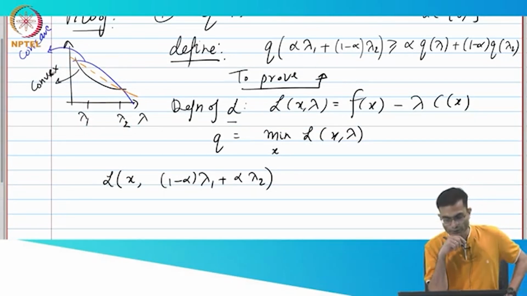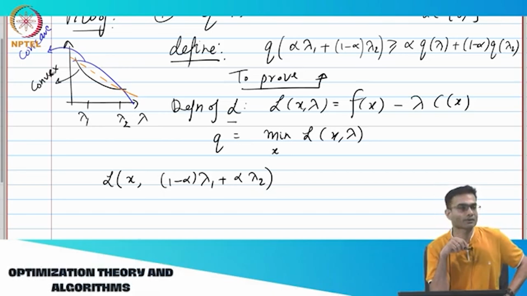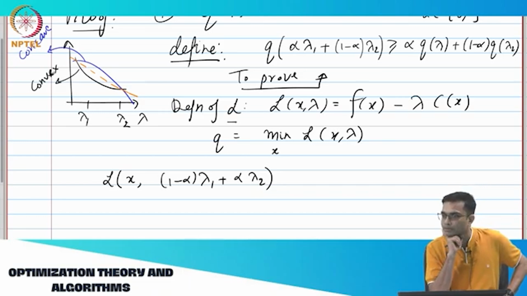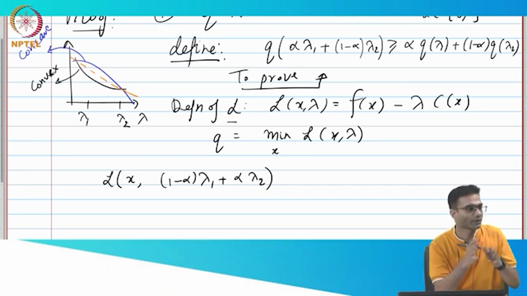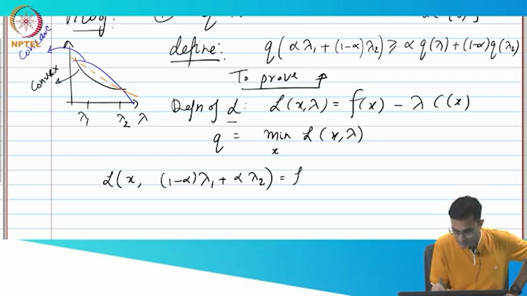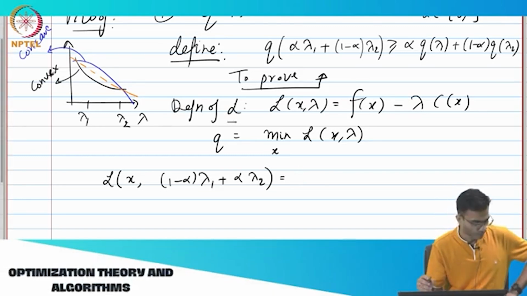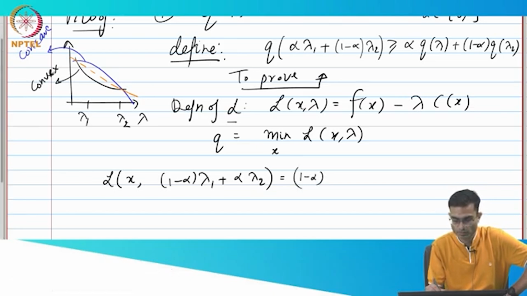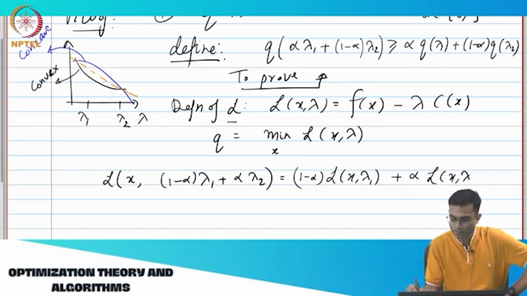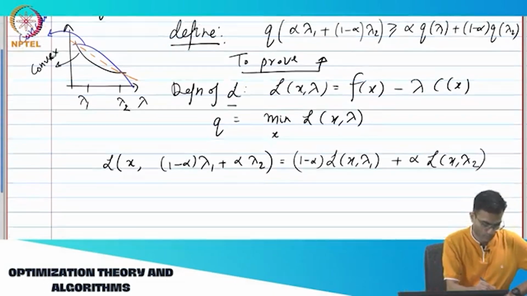right? So if I substitute this into the definition of the Lagrangian, will it split into two Lagrangians? Yes, because it's linear in lambda, it will just split up. So what will the first Lagrangian be? 1 minus alpha times L of x comma lambda 1, right? It's simply linear, and then this becomes alpha times Lagrangian of x comma lambda 2. Right.